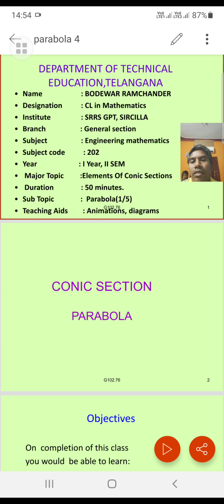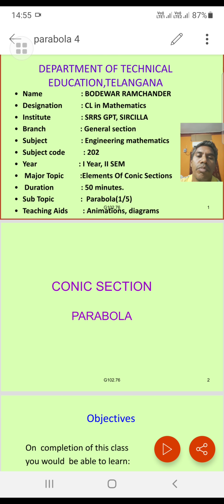Direction change means positive to negative or negative to positive; those values will change. So there are mainly 8 forms. The first 4 forms have vertex 0, 0. In the remaining 4 forms the vertex is h, k. So if you understand the first form, you can easily understand the remaining 7 forms, because the condition is the same.